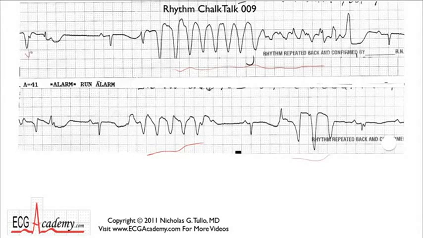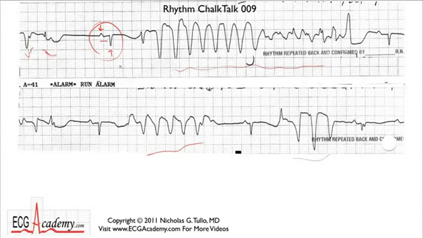These first couple of beats really do look wide and bizarre, and they certainly could be ventricular beats because of that, but lo and behold, thank goodness we actually found a normal-looking beat. So we have somewhere to start. You have a nice-looking P wave. We have a PR interval that's fairly normal, almost 0.2, I'd say, and a QRS that's narrow, and so great.